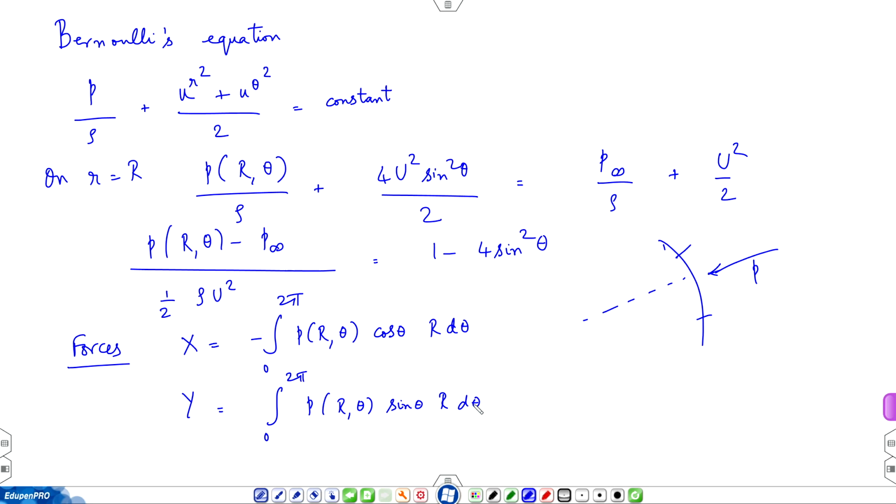Now, what is this p(theta)? You can substitute 1 minus 4 sin square theta and get the results in dimensionless form.